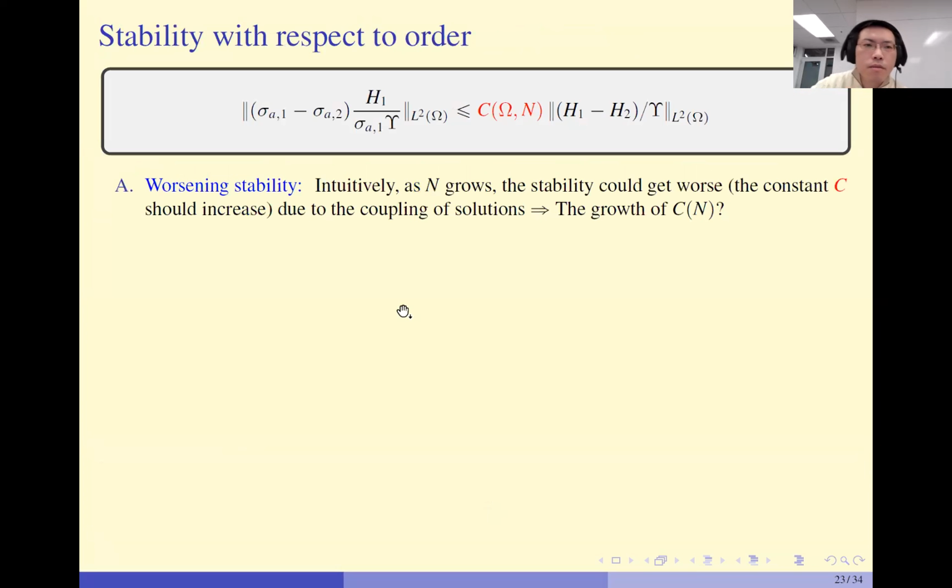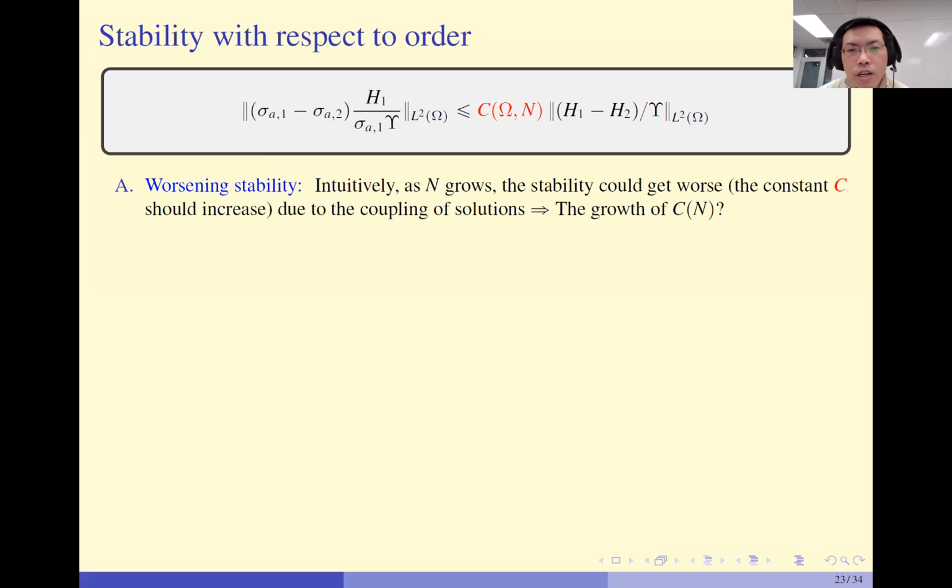So according to this, one question which is natural is that for certain kinds of settings, we already know that the SPM model will converge to the real transport model when n goes to infinity.